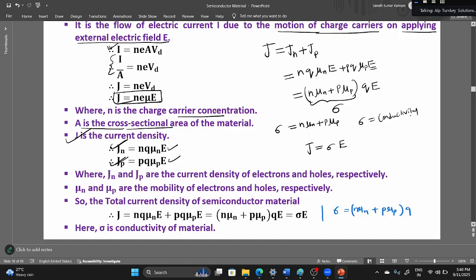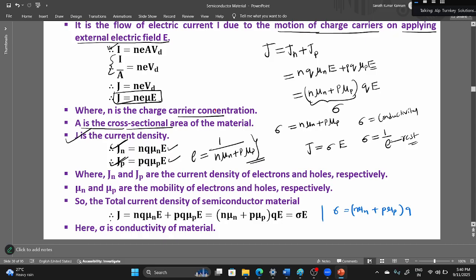Conductivity sigma and resistivity are reciprocal. So resistivity I can write as 1 by sigma, which is 1 by (n mu n plus p mu p). This is resistivity.